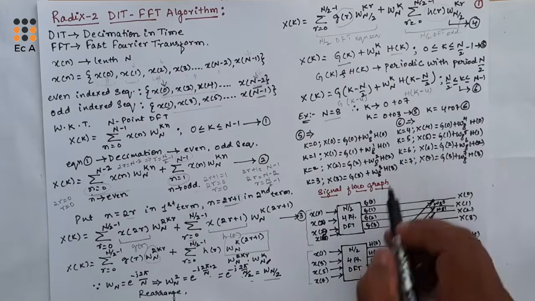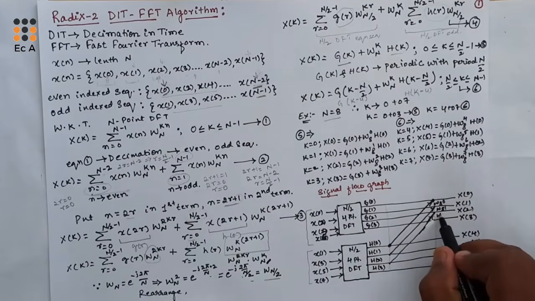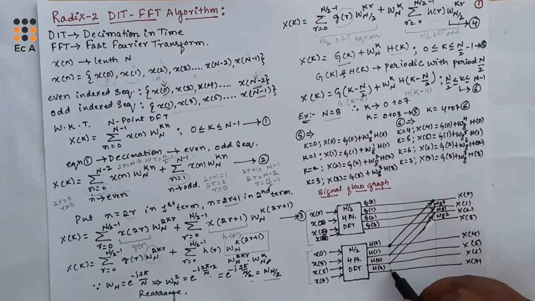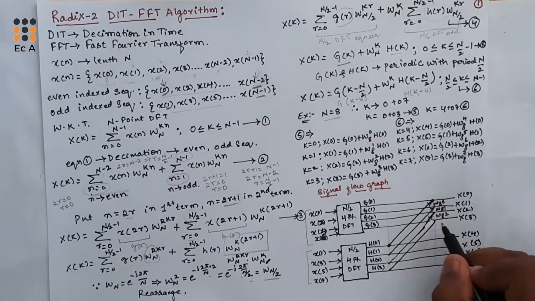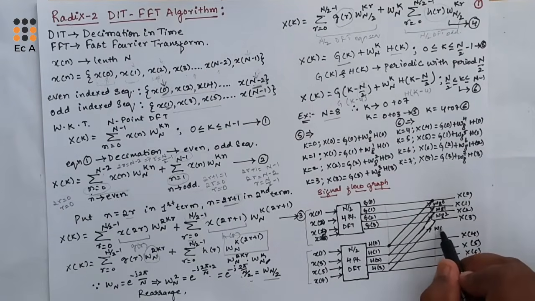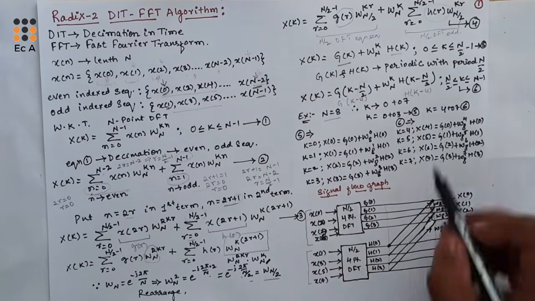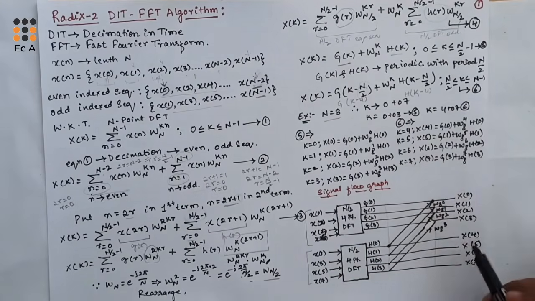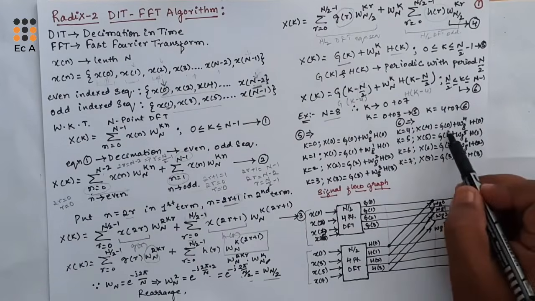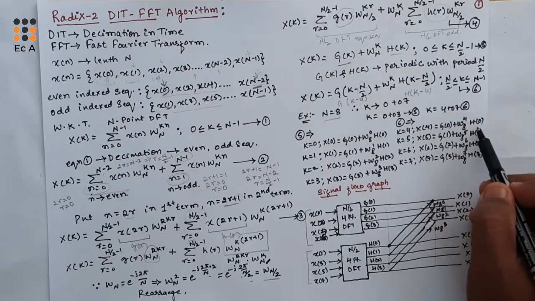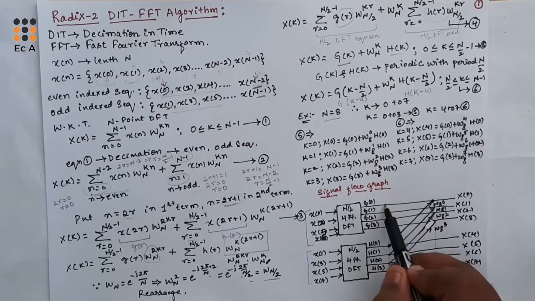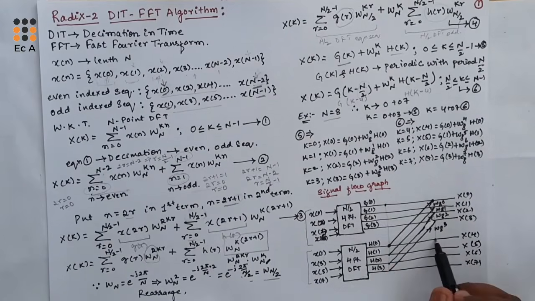With w8 to the power of 2. In the same way we can join these 2 points and write here w8 to the power of 3 to get this equation. To get x of 4, it is g of 0 plus w8 to the power of 4 into h of 0. So we are having g of 0 here and h of 0 here.